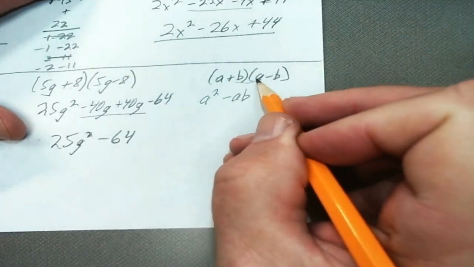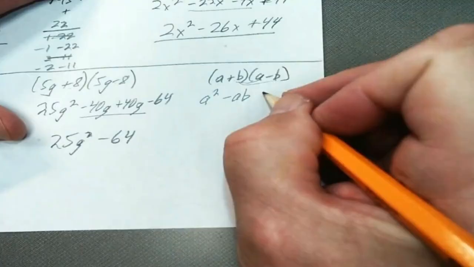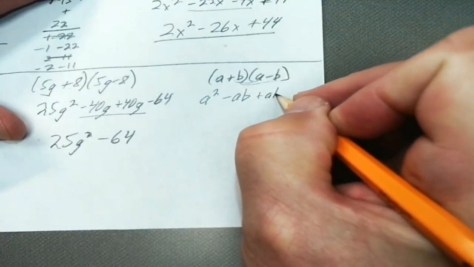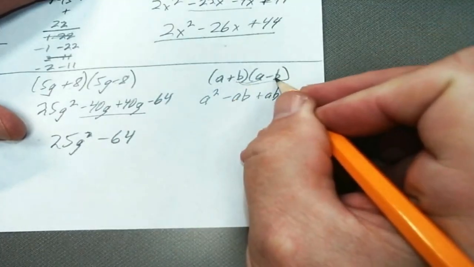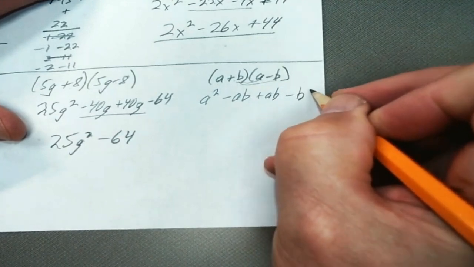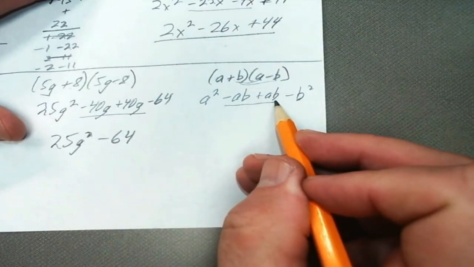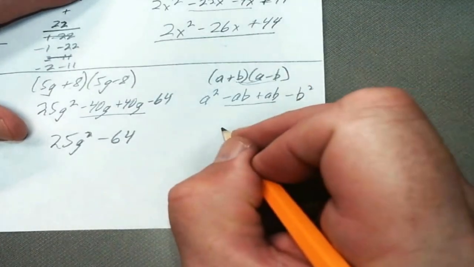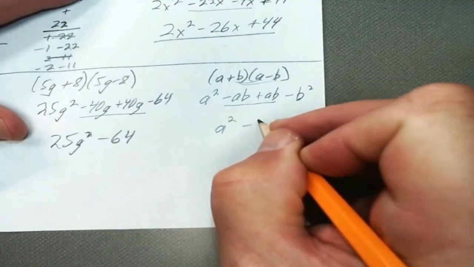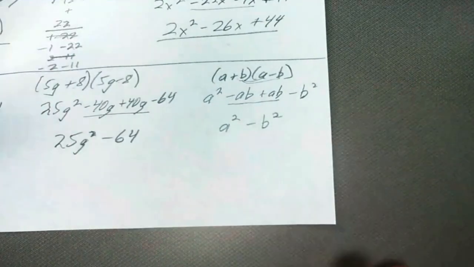Now let's distribute the b. B times a is ab. B times negative b is negative b squared. Negative ab plus ab cancels each other out. A squared minus b squared.